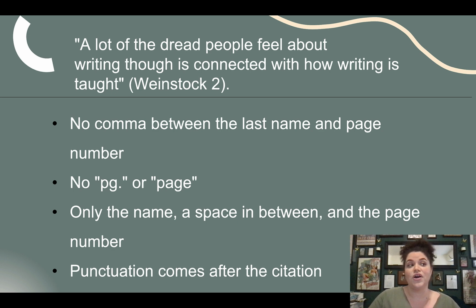When you are incorporating an in-text citation in the sentence, punctuation will always come after the citation. Students often make the mistake of putting the period at the end of the quote: with how writing is taught, period, end the quote, and then the citation. That is incorrect. When your sentence is using an in-text citation, the ending punctuation comes after the citation. Hopefully that makes sense.